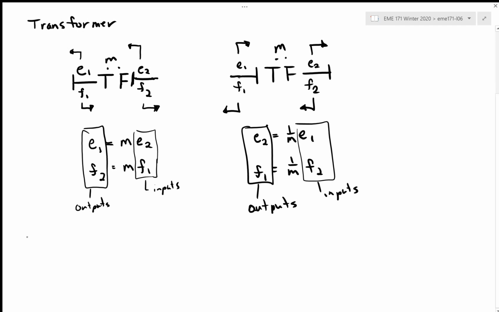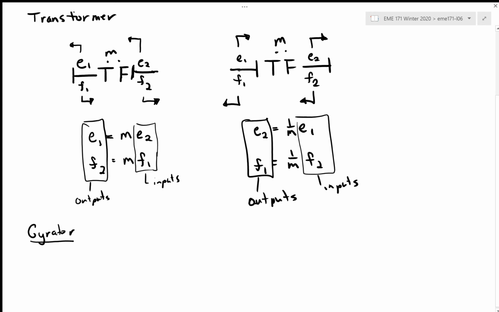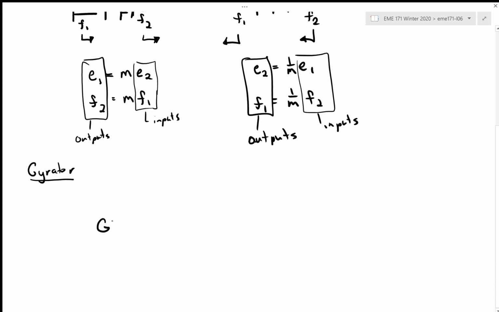So the gyrator also has two possibilities. The gyrator, if I apply a causal stroke on the 1 side like so, then the causal stroke on the 2 side must be on the left side of that bond. And this shows us the gyrator relationship for the inputs and outputs, right?